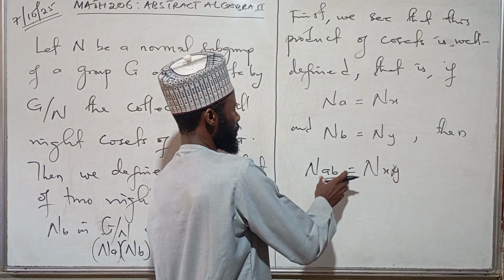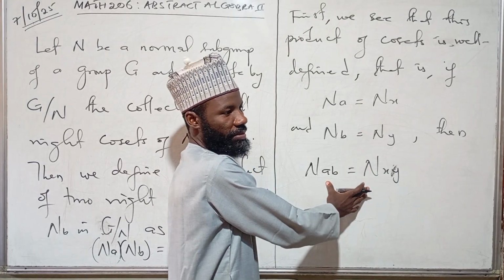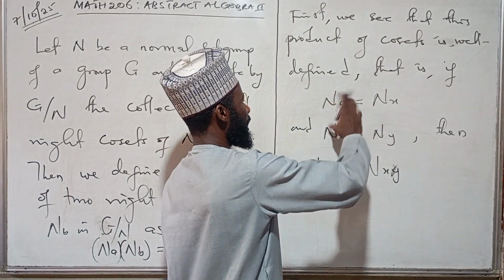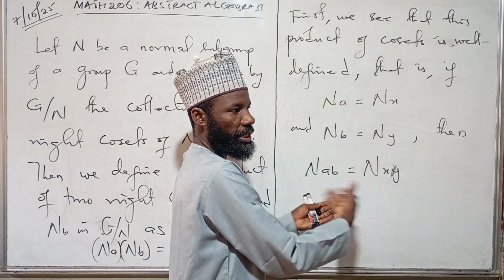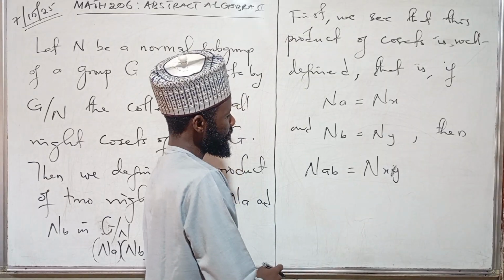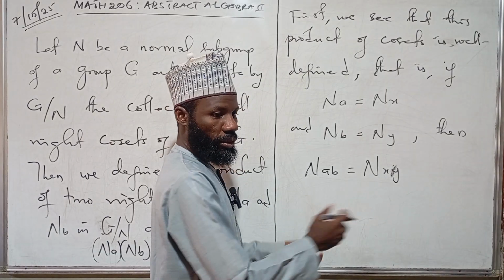This should happen, because if these two cosets are not the same, then we are saying the same pair is mapping to two different products, two different cosets.